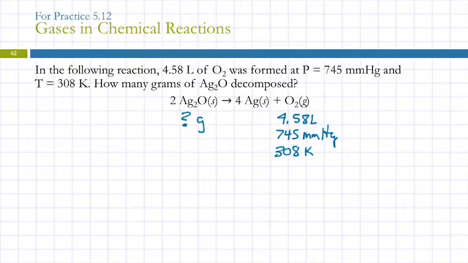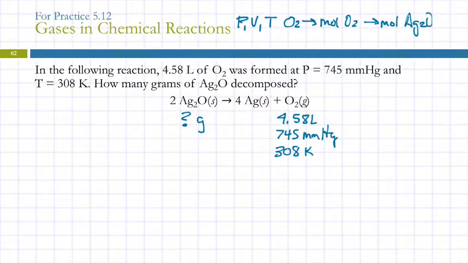So our overall plan, our path, is we've got pressure, volume, and temperature of oxygen. So we can go to moles of oxygen, and then to moles of the silver oxide, and then to grams of silver oxide.